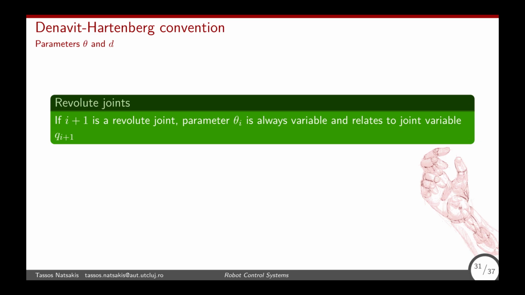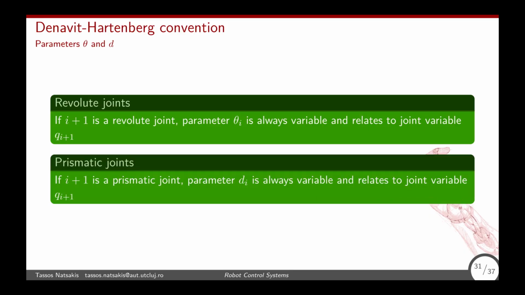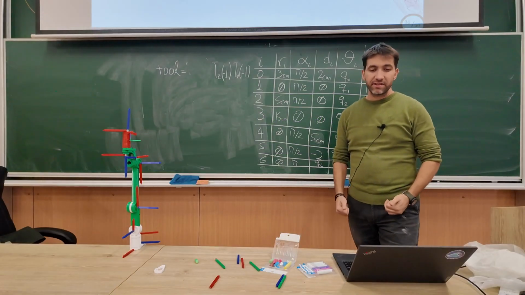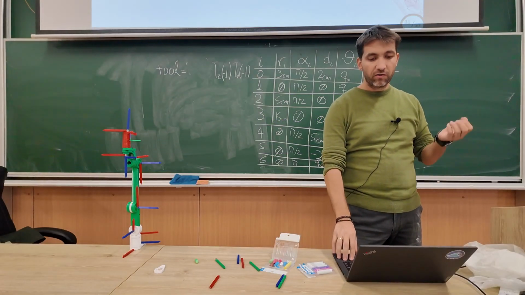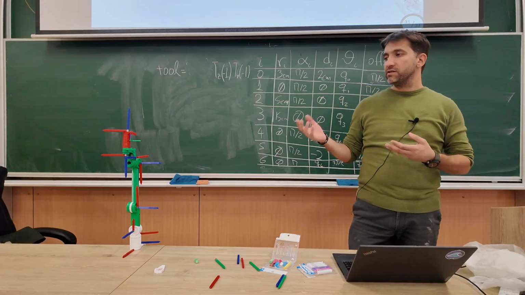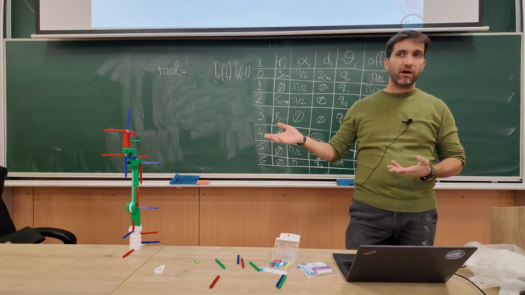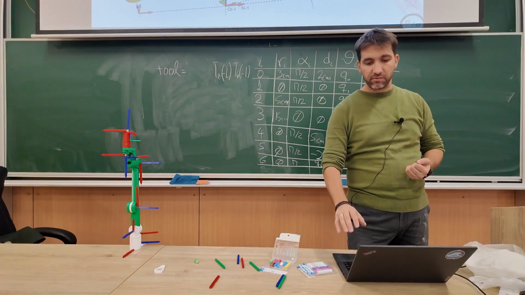What I want you to remember is that for revolute joints, the theta will always be the variable, and for prismatic joints it will be the d. All right? One last thing before I let you go is that this is one way to define the Denavit Hartenberg parameters.